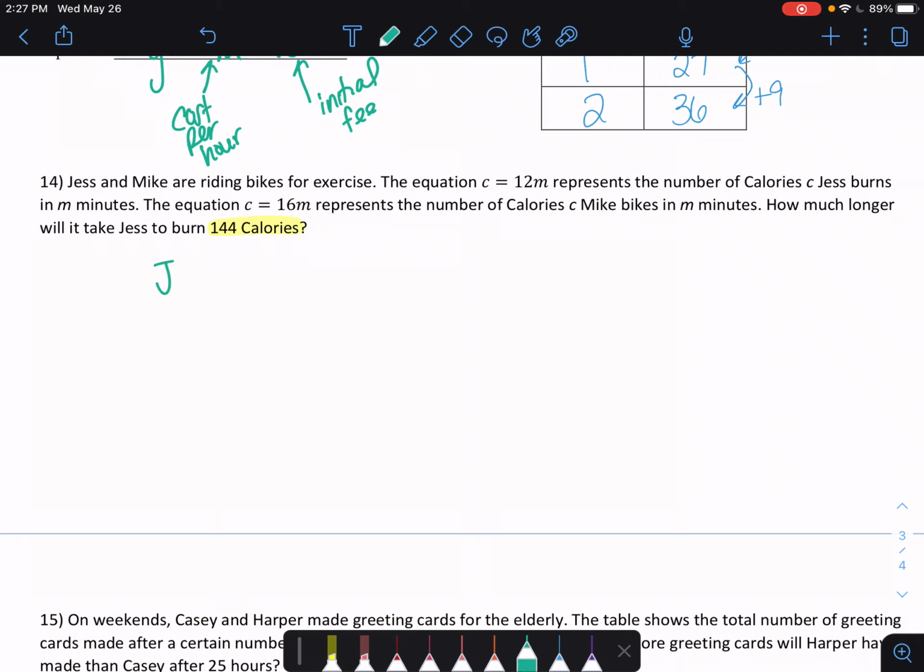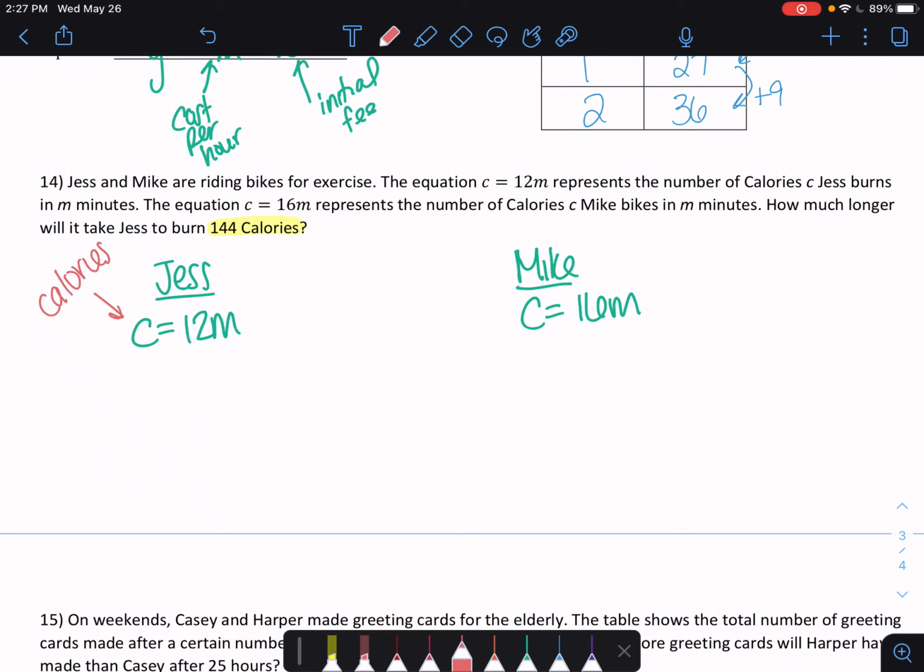So I've got Jess, and I've got Mike, and I've got C equals 12m for Jess, and C equals 16m for Mike. Now in this particular situation, C represents the calories, and m represents the minutes.